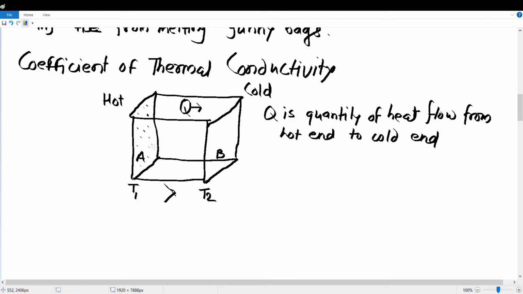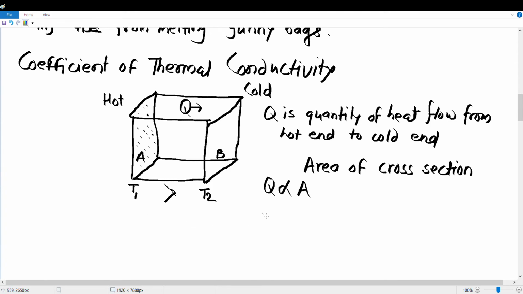So if the area of cross section of this cube is smaller, then naturally it consists of fewer atoms, and if this area of cross section is increased, then the number of molecules present here increases, and that's why a large number of molecules collide with their neighbors, and that's why the quantity of heat which flows from hot end to the cold end is directly proportional to the area of cross section of the cube.